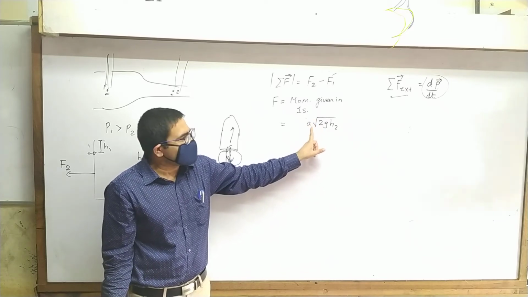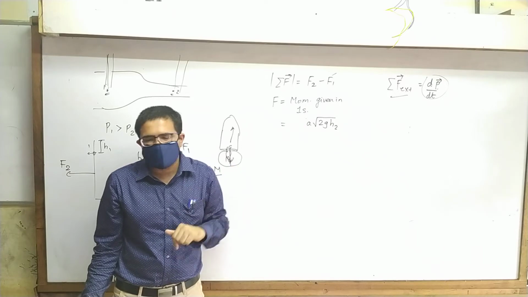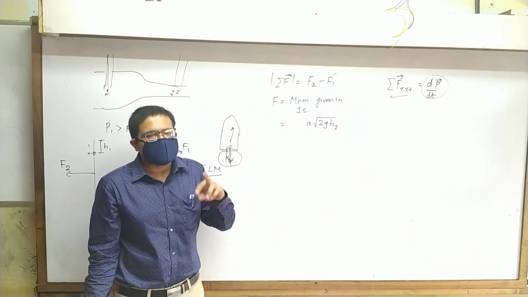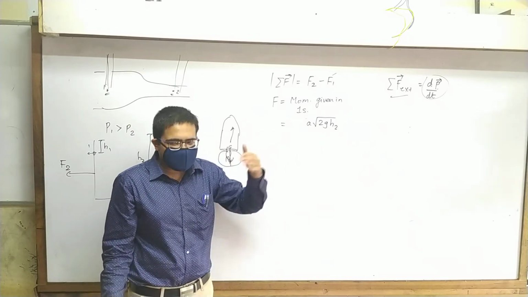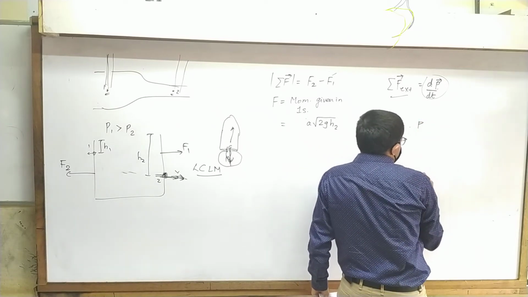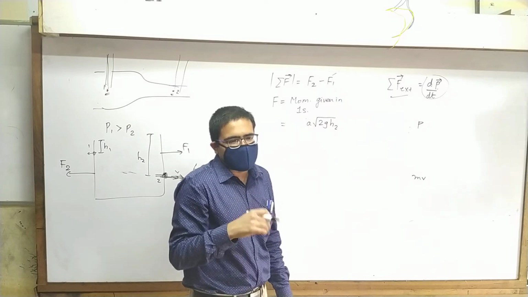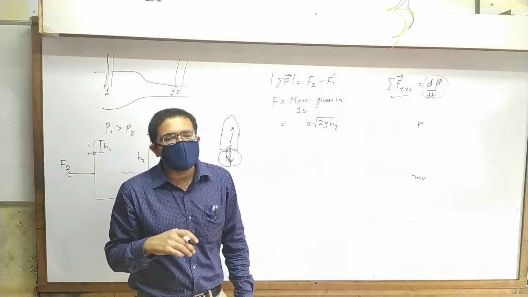Okay, so area into speed, this is volume flow rate, that is how much volume is going out in 1 second. Now what is momentum? Mass into speed. This is only volume so far. See, we are building it stepwise. Momentum is mass into speed. Speed we have, but mass we don't. How do we find mass? Density into volume.